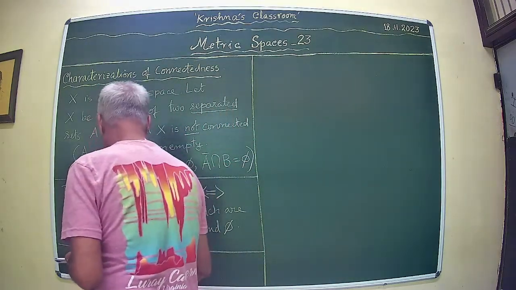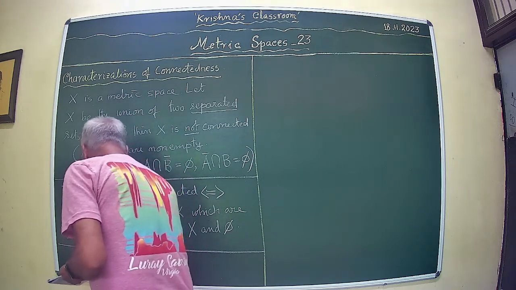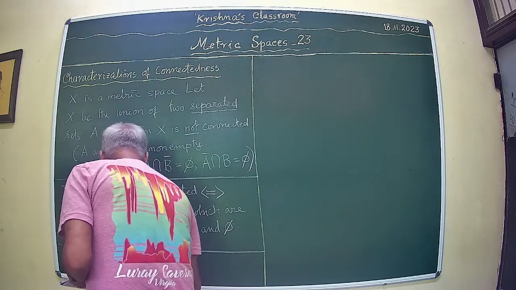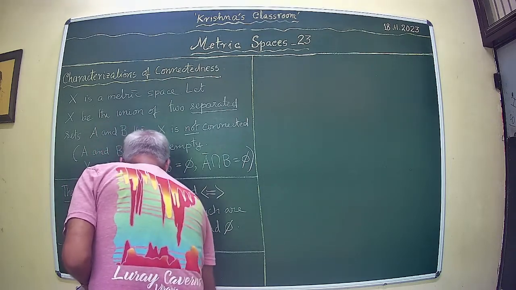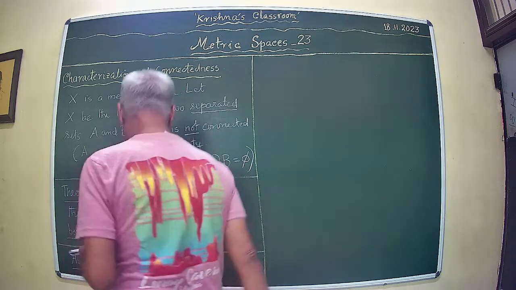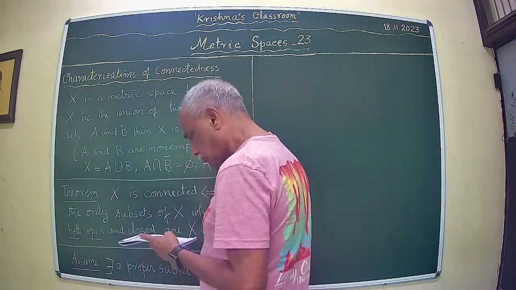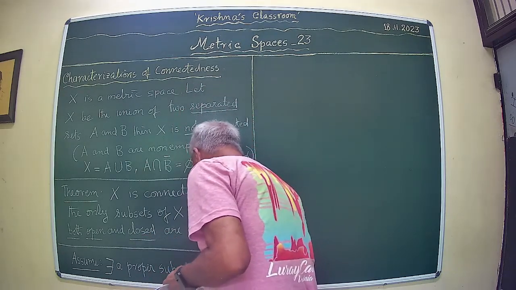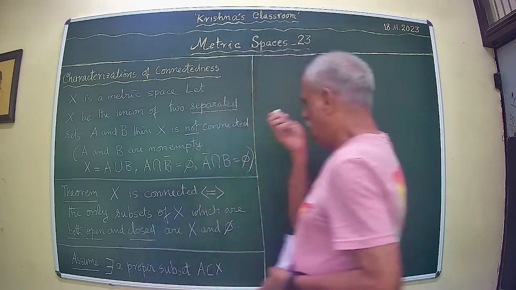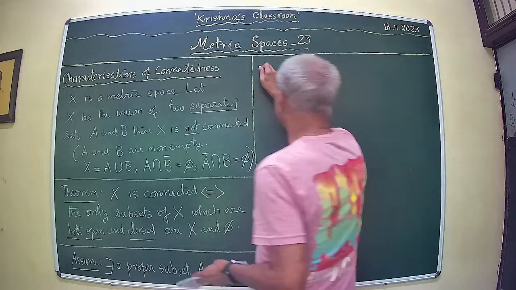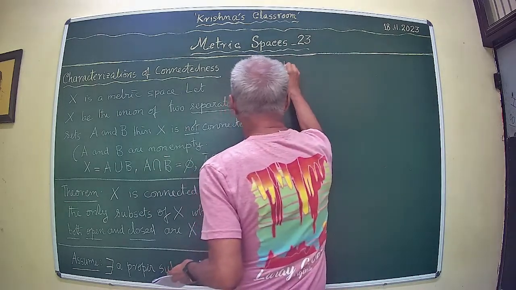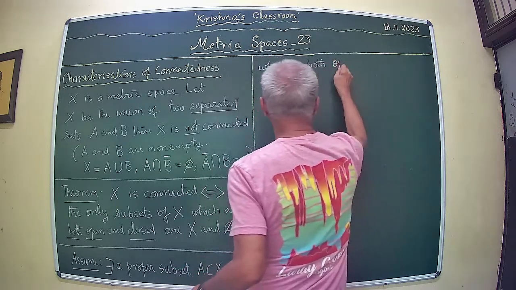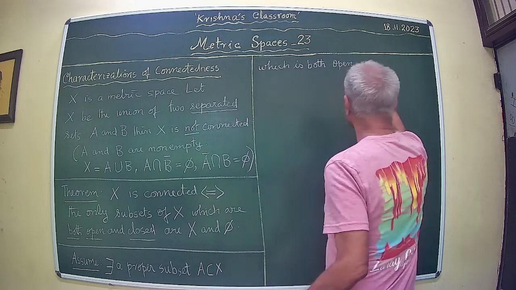That is, there exists a proper subset A of X which is both open and closed.